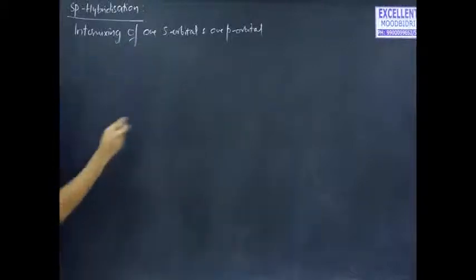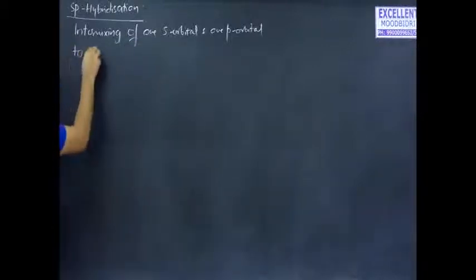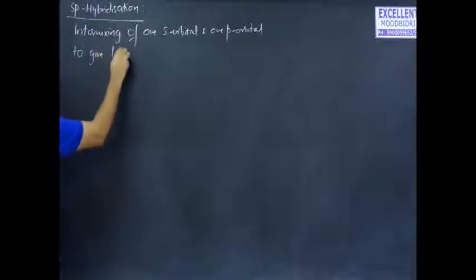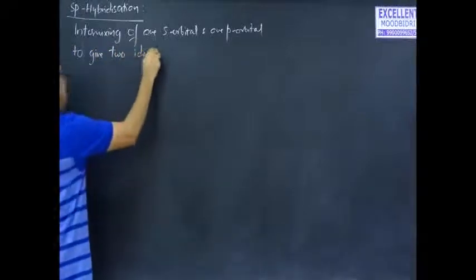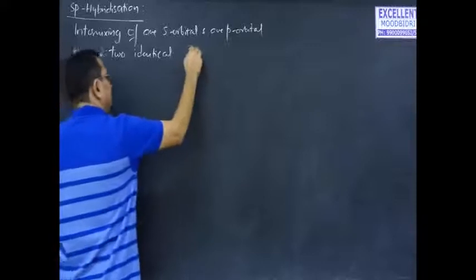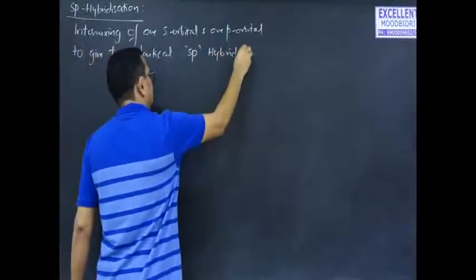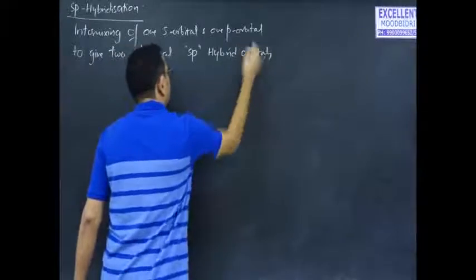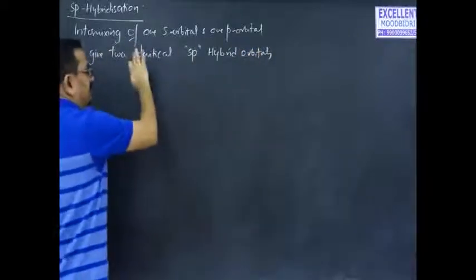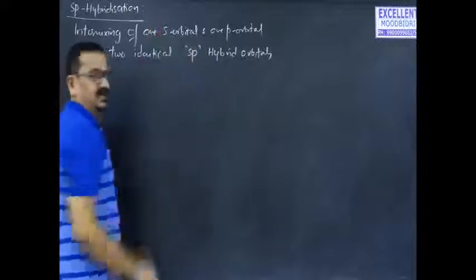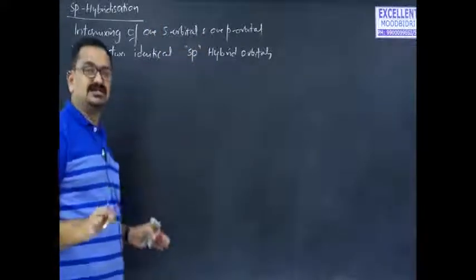Intermixing of one s orbital and one p orbital to give two identical sp hybrid orbitals. As these hybrid orbitals are formed by a combination of one s and one p, which belong to the valency shell only.